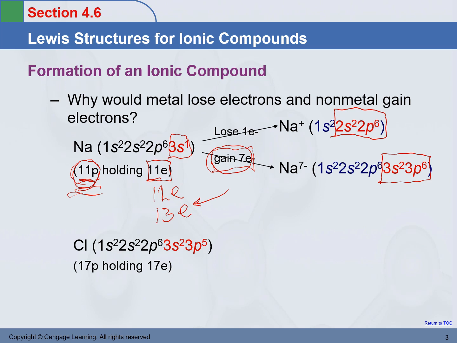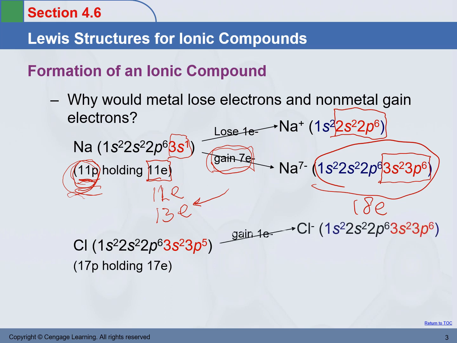They push each other. It's just impossible for 11 protons to hold 18 electrons. That's a job impossible for the nucleus of the sodium to do. So instead of gaining 7, sodium will take the easier way, just lose 1 electron.